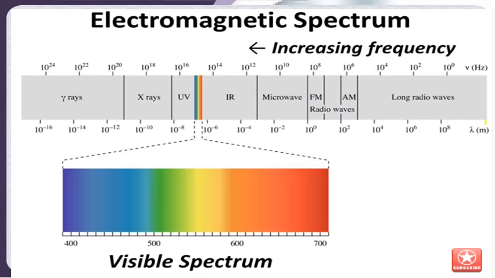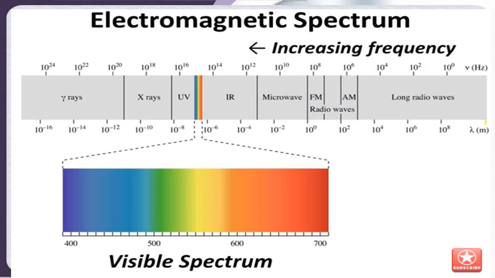Now here we have the different regions in it. As I told you earlier, we can see only the visible region, that is having a wavelength between 400 to 700 nanometers, right? Before this and after this, there are a number of regions, the radiations of which we cannot see, right?